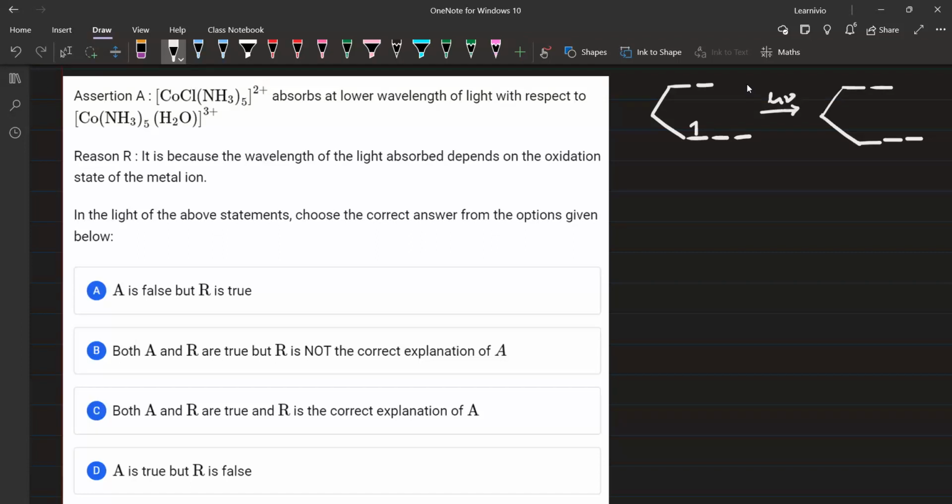When you put white light, it has visible components like violet, indigo, blue, and so on. It is going to absorb that component of the light which corresponds to the energy difference, it absorbs it and takes it away.